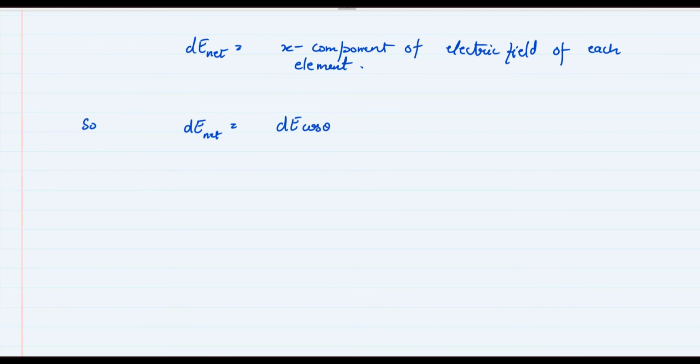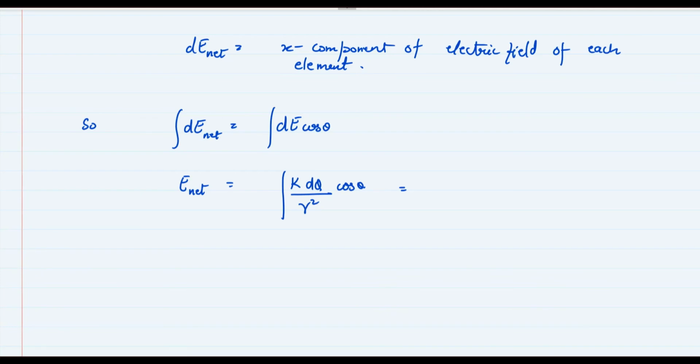From here, if I integrate both sides, I am going to get E net on this side, and what is dE? dE is k dq by r square cos theta, integrated. Now we understand that k is constant and r is also constant.